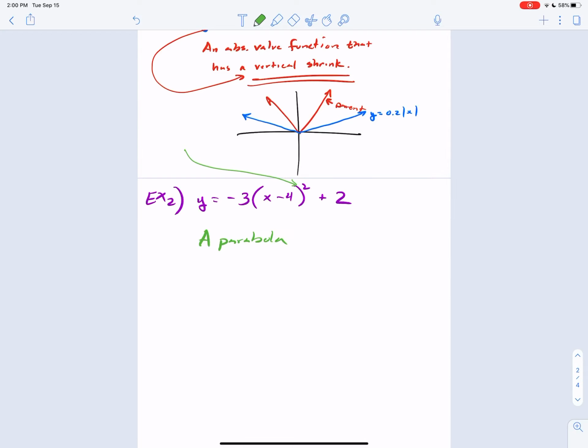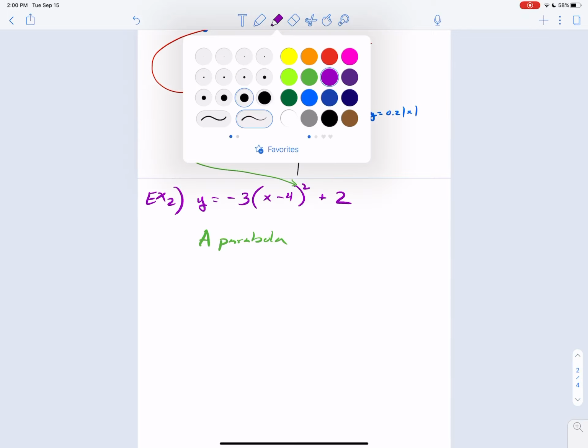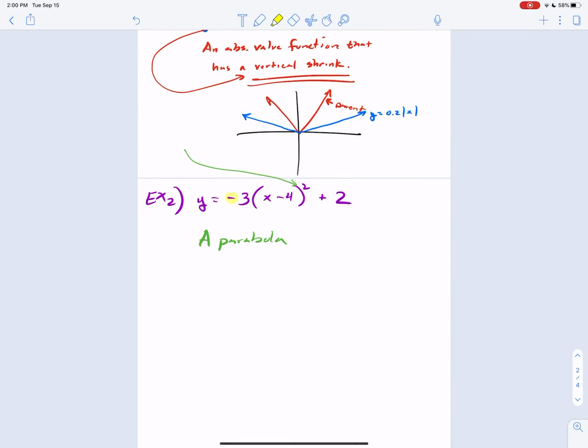Now, what does that negative do? That negative tells me what? And then that 3 tells me what?